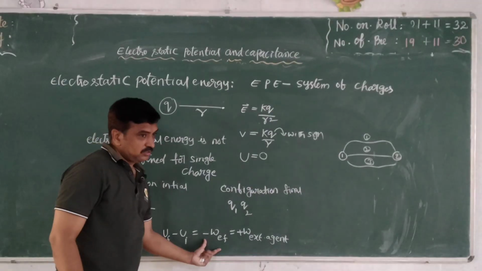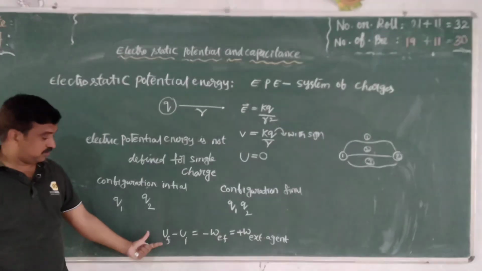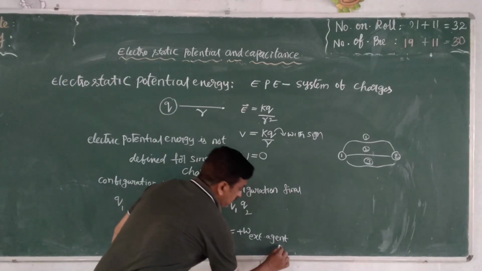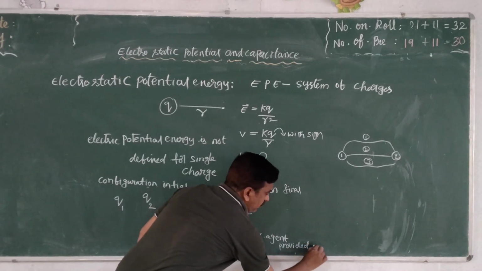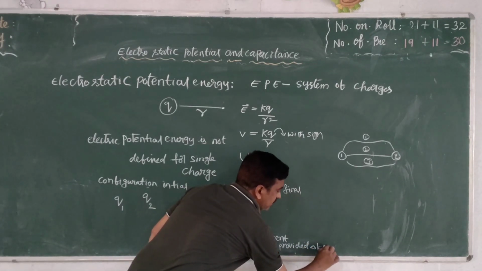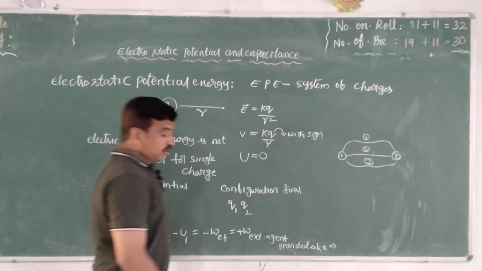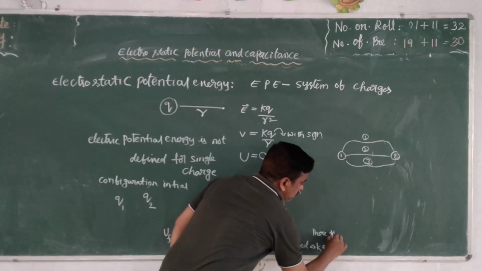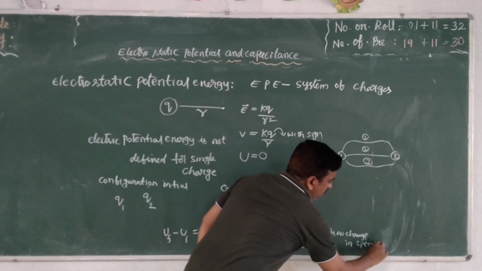So negative of work done by electric force is called change in potential energy, or we can write positive of work done by external agent, provided change in kinetic energy is zero, or there is no change in speed.